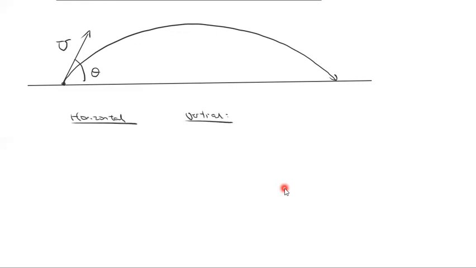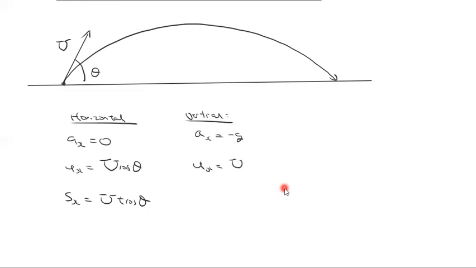Firstly, horizontally, acceleration equals 0, ux equals u cos theta, and sx equals ut cos theta. And the vertical is going to be ay equals negative g, uy equals u sine theta minus gt, sy equals ut sine theta minus a half gt squared, and maybe with a plus h if you're not starting from the origin.